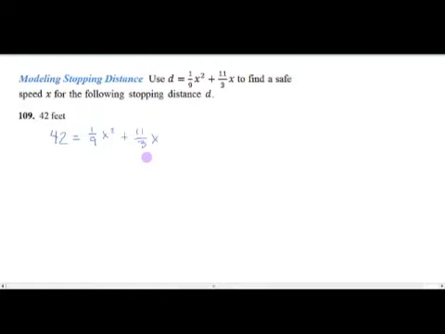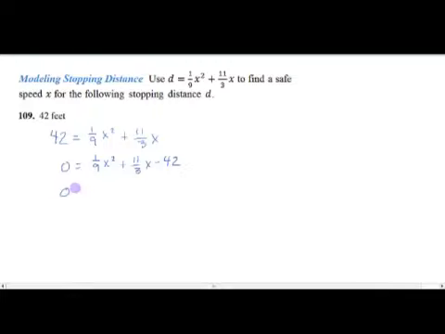It's quadratic, so we can use the quadratic formula if you like. One thing that you'll need to do is get it in standard form, where everything's on one side equal to 0. Another thing you might want to do is multiply both sides of the equation by 9 in order to get rid of those fractions so that we don't have fractions within fractions.